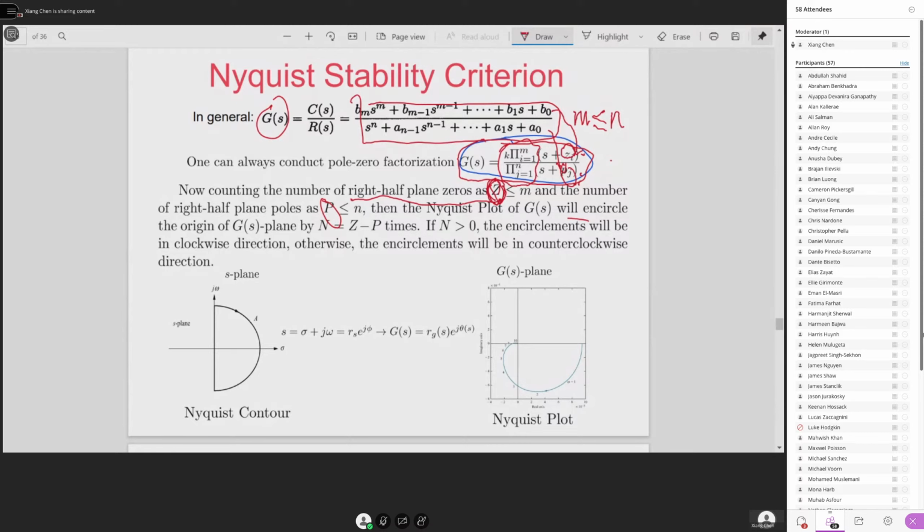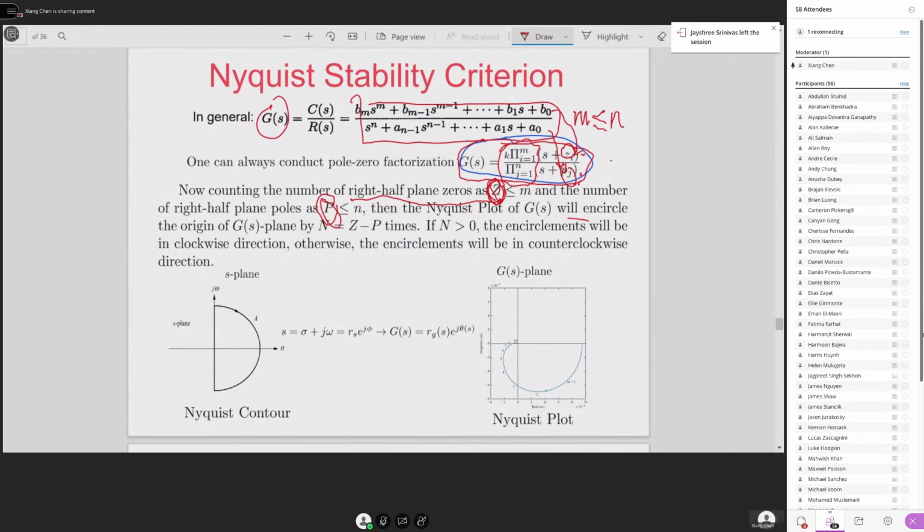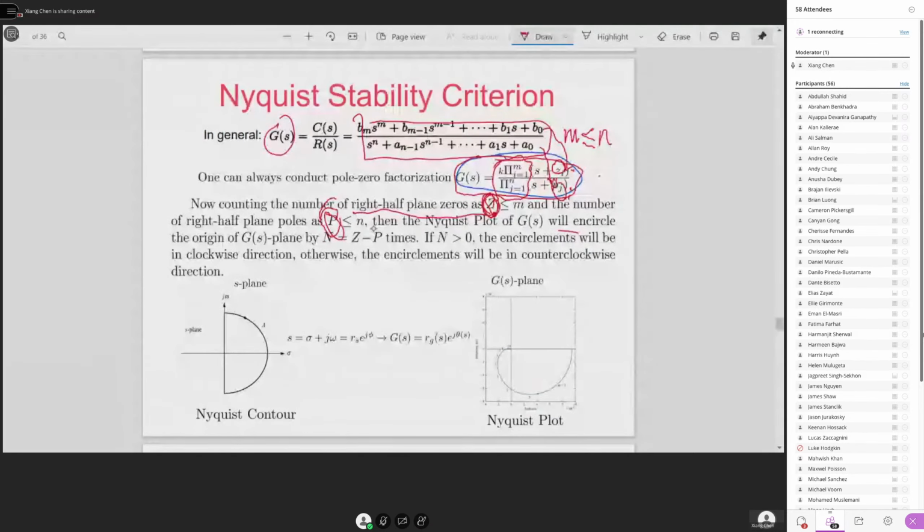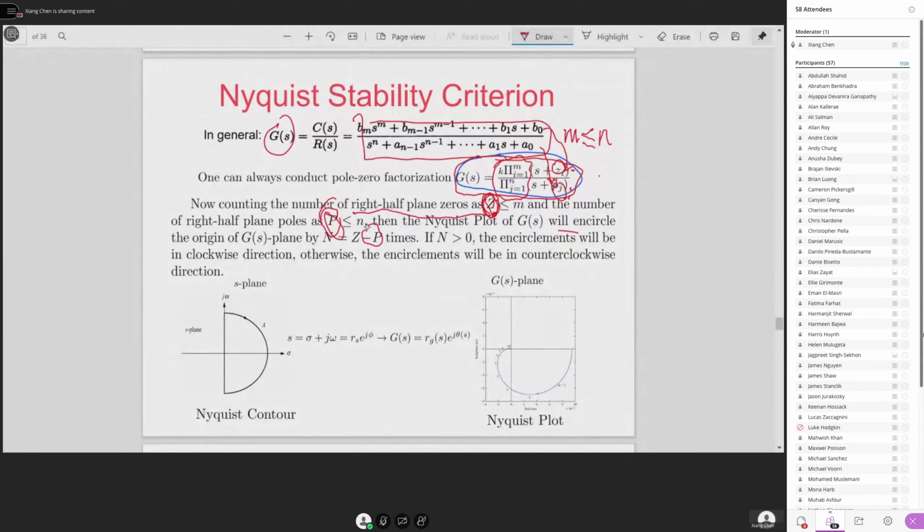Because we said that now we have P right half plane poles, and each right half plane pole is going to contribute a negative 1. So you have P right half plane poles, and the total contribution is going to be negative P. Okay, what does this mean?